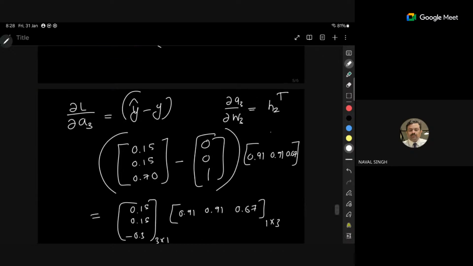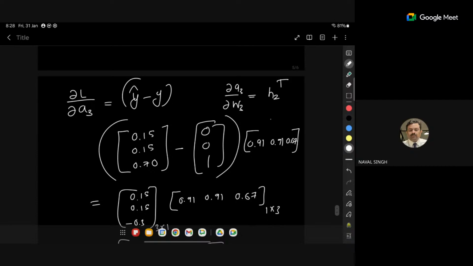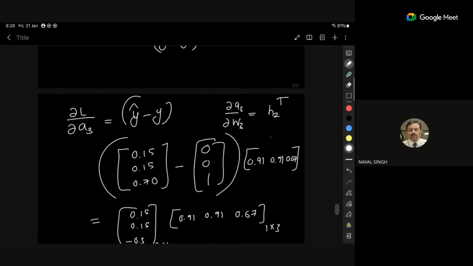Yeah, understood. That H2 transpose was a bit confusing, to be honest. There is something to be remembered, like del A3 by del W3. Because del L by del A3 is pretty intuitive: any delta between the expected value and true value. If the expectation is same as the actual sample, like the training data set which we have with the labels, and the expected output is same as the label, then we have got zero error.